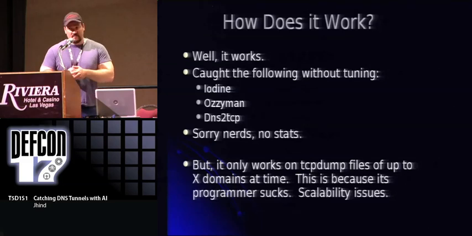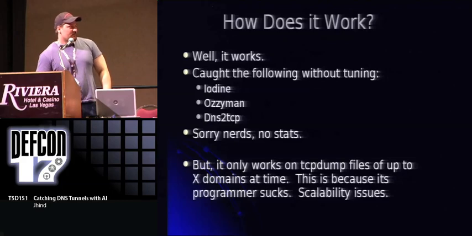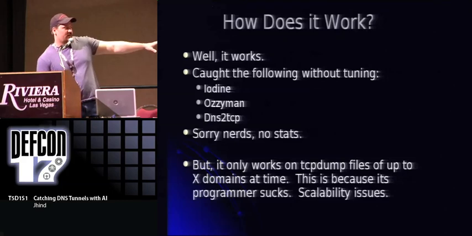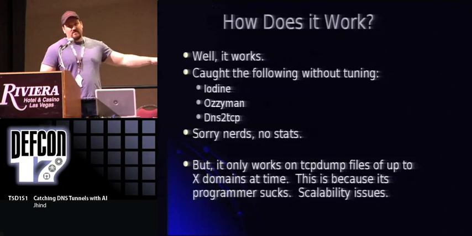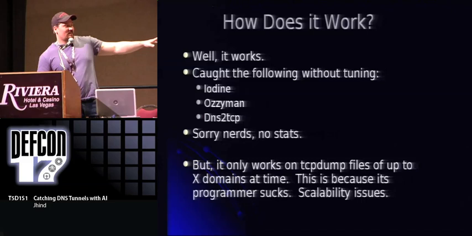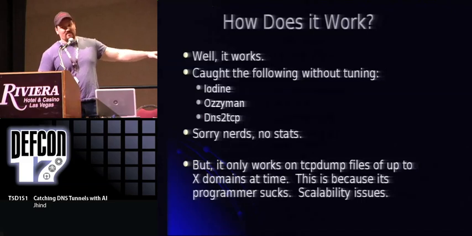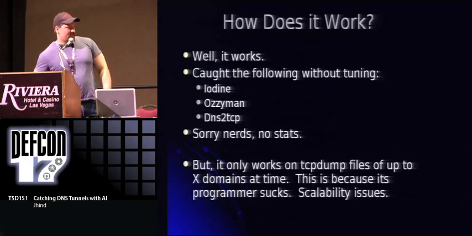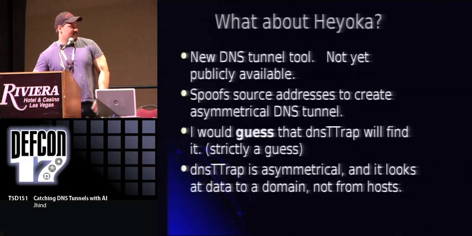That's on a small network, by the way, because remember, scalability is an issue here. Again, it only works on TCP dump files, and it only works on up to X domains at a time. I don't have any experience in real-time programming if you hadn't figured that out by now. So that's why it's not real-time. It doesn't sniff off the line, and it only works on X domains at a time. And that's because the programmer sucks.